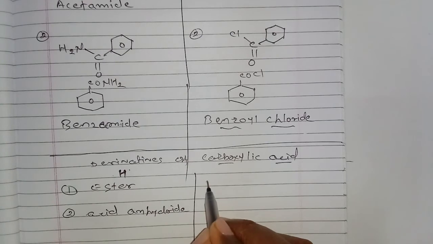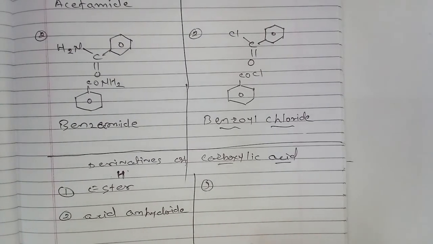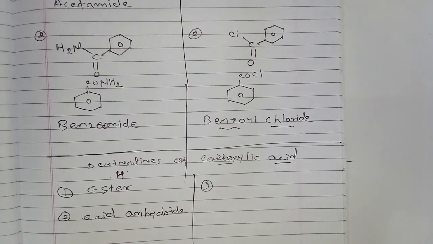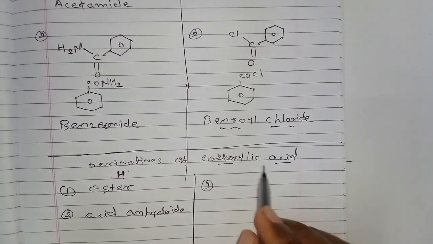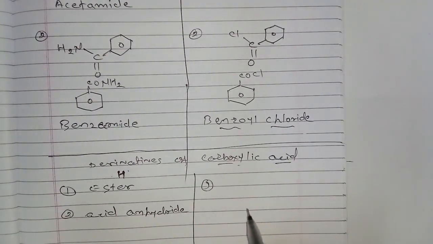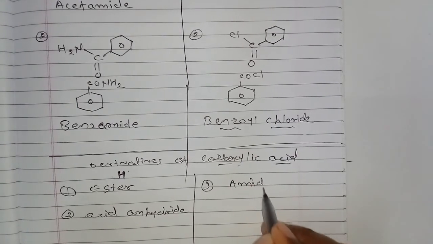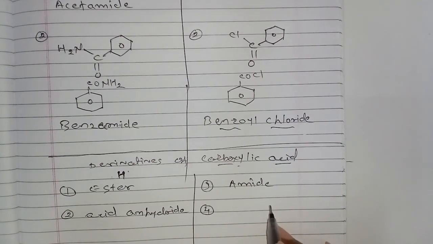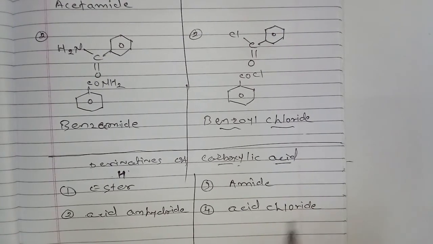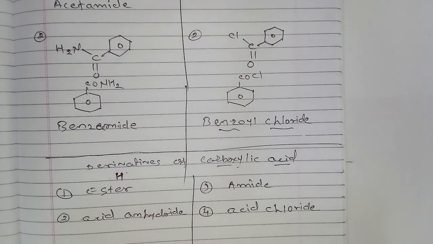The third derivative is formed by replacement of the hydroxyl group of the carboxylic acid, and it is named amide, and the fourth derivative is acid chloride.